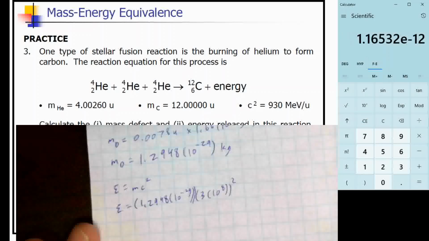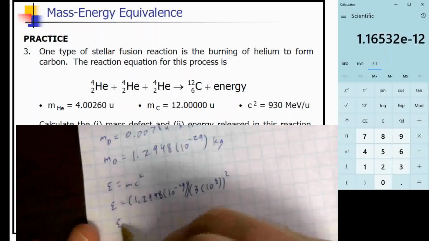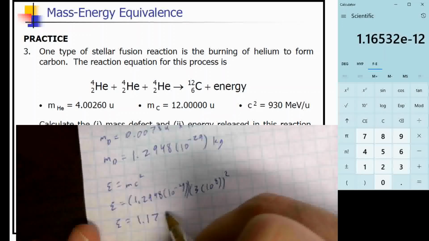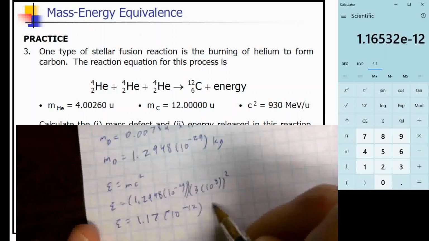That gives me this value here in energy, 1.17 times 10 to the negative 12 joules.